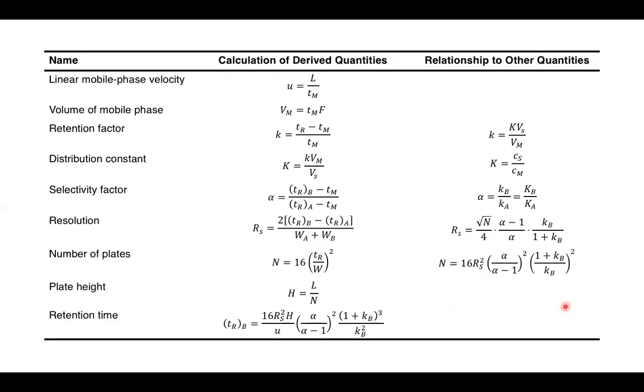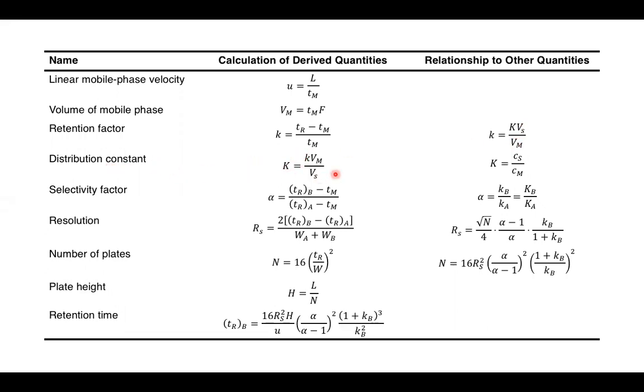And then here are some of our equations. Linear phase velocity, u, is equal to the length over tM, where tM is the mobile phase time. Volume of the mobile phase is given here. The retention factor is given here in terms of the retention times of the different species, tR minus tM over tM. It also has a relationship to the volumes of the stationary and mobile phases in an equation.